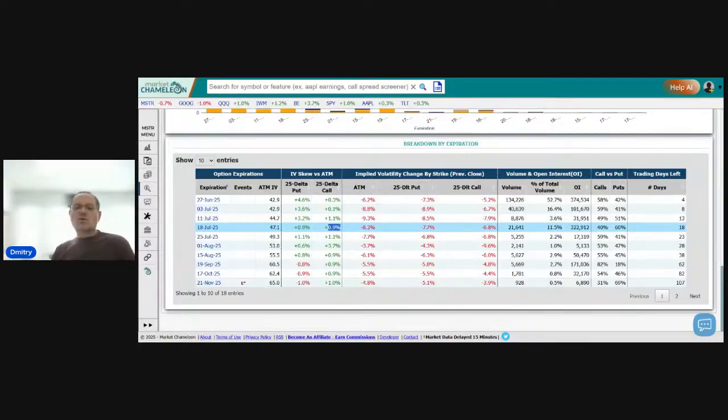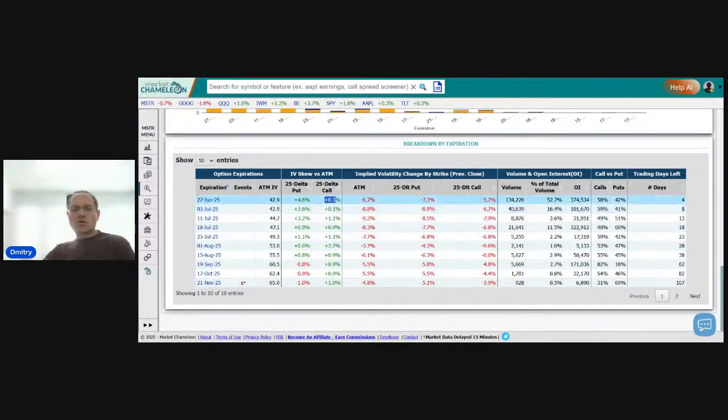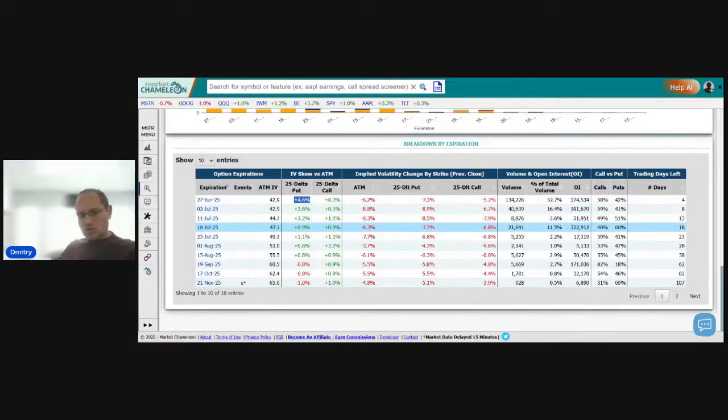Okay, so that's the July 18th expiration, and we could compare that across other expirations. You could see the skew is a little bit more prominent as we get closer to expiration, especially in the puts. As we're getting closer to expiration, the skew in the puts starts to increase more and more with less days to expiration.